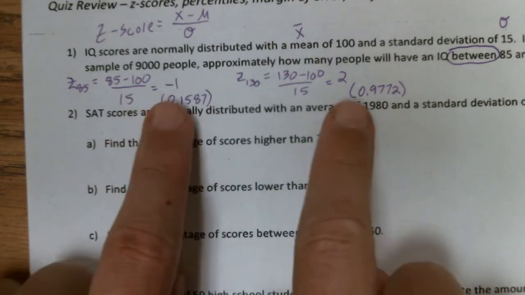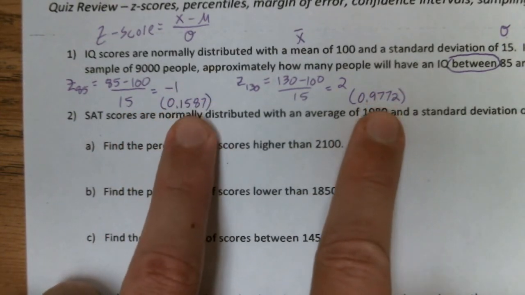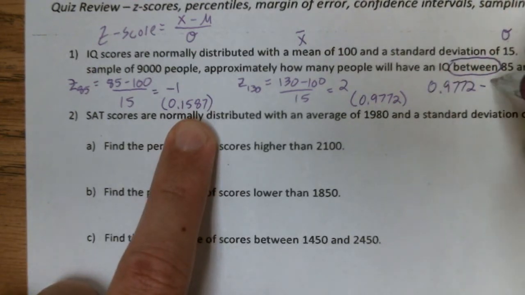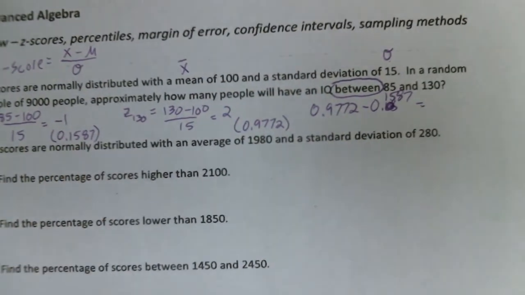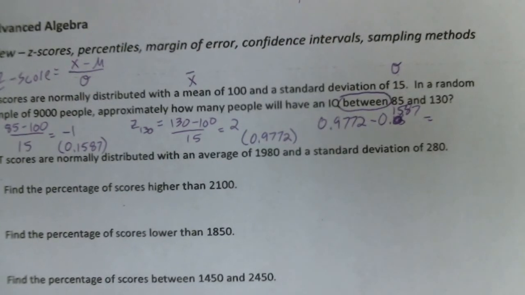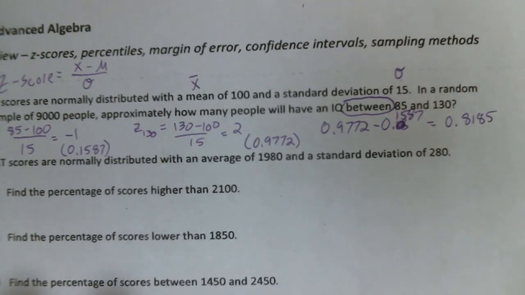So I go get my two z-scores, go to my table, get my two percentages, and simply subtract these numbers. 0.9772 minus 0.1587, type that in your calculator, and that gives me 0.8185.